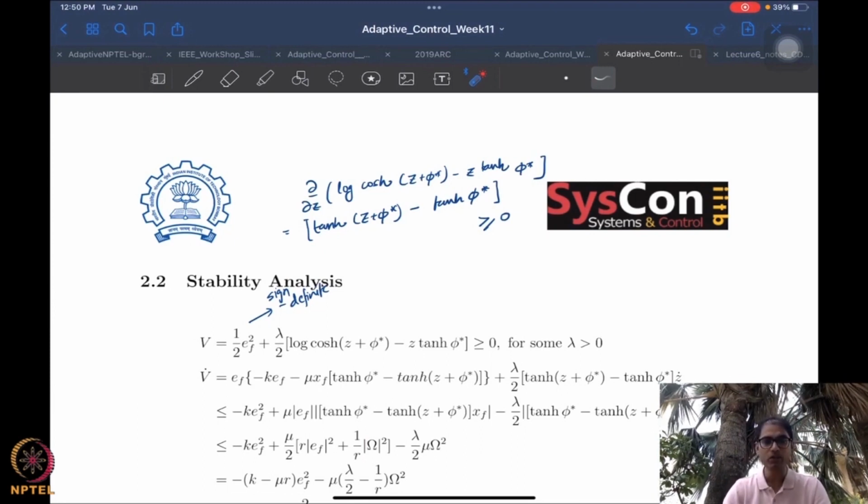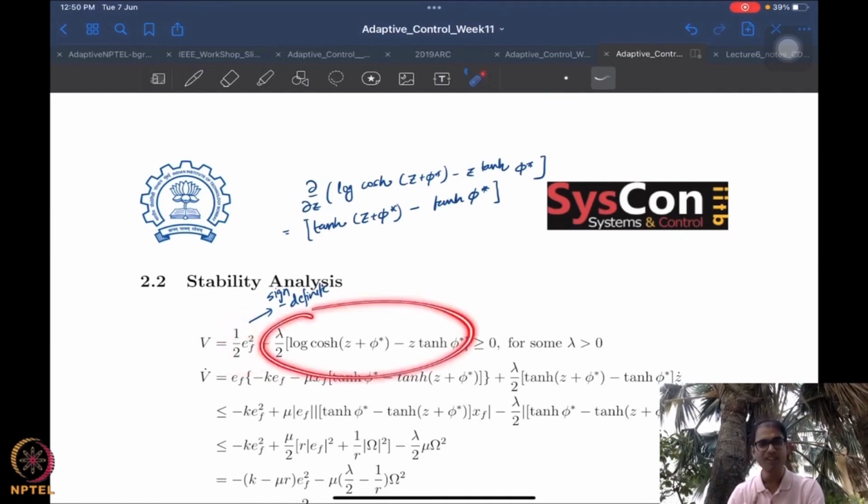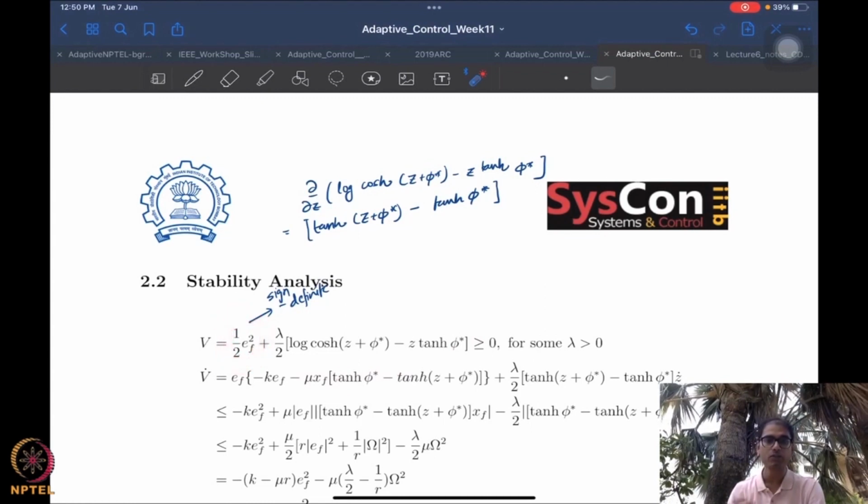You take the partial with respect to the variables and equate them to 0, and whatever you get is the minimum. Because I took the partial, I want to equate it to 0. I apologize, I didn't complete the steps. I'm taking the two terms separately because you can see they're decoupled. There's only EF here and there's only z here, so I can do them separately, not a big deal. It's obvious that this term is minimum at EF equal to 0, because I can take the partial and equate to 0.